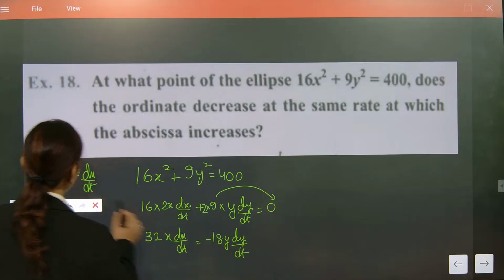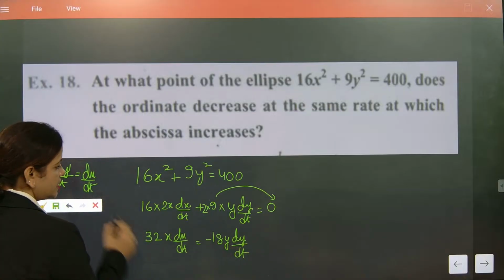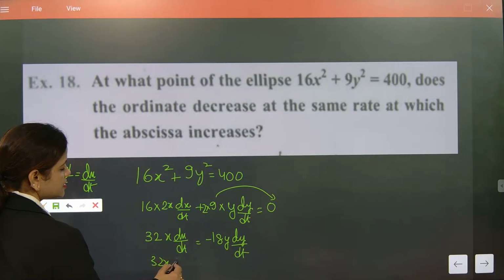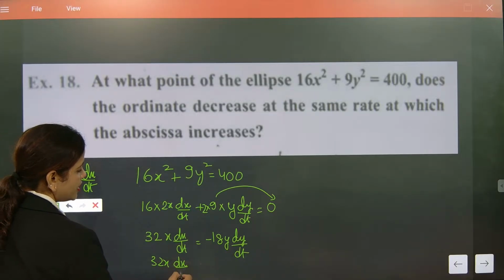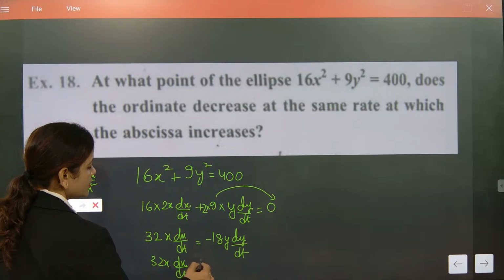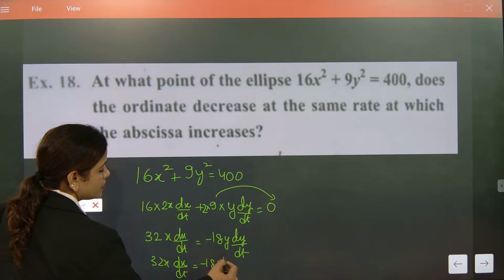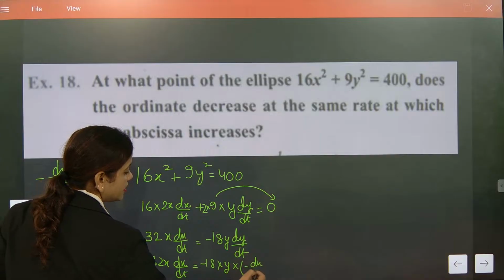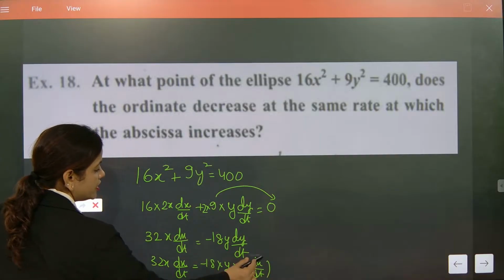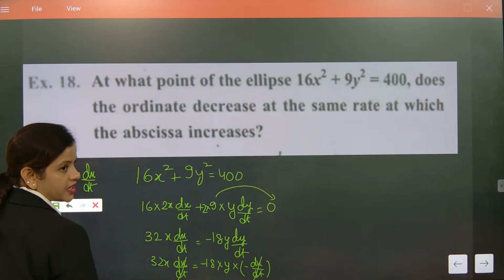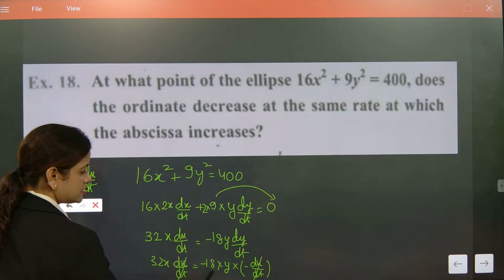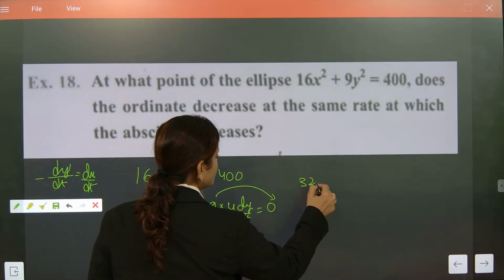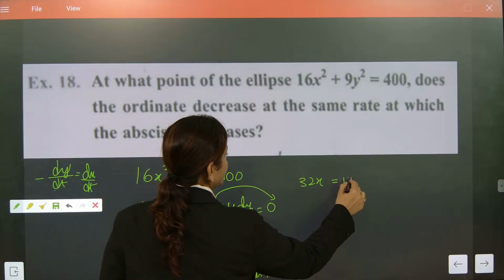Already they have given dy by dt as minus dx by dt. We will substitute here. So 32x dx by dt is equal to minus 18 into y into minus dx by dt. So dx by dt will get cancelled. Minus into minus will become plus. So here it is coming 32x is equal to 18y.